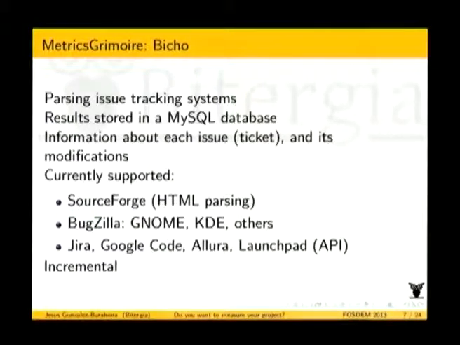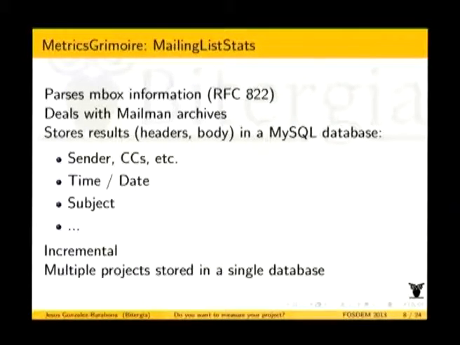And the third one is MLStats, or mailing list stats. Basically, it's for dealing with mailing lists. It's capable of parsing mbox archives or Mailman archives online.